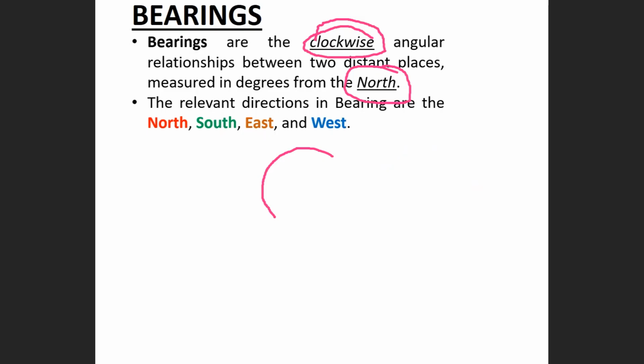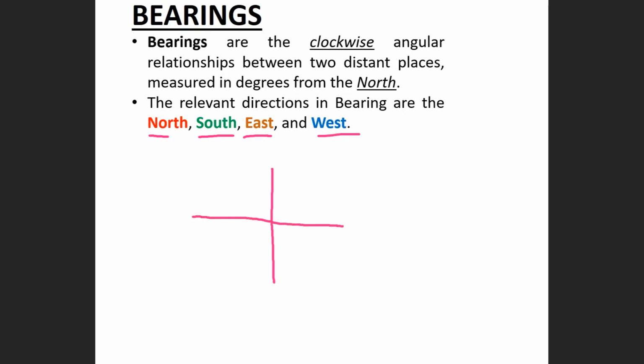Okay, so I can move on to the second bullet. It says the relevant directions in bearings are the north, the south, the east, and the west. These four are the first thing we need if we want to draw bearings. In mathematics, if you want to describe places and distances using a bearing, we start with the four cardinal points by drawing two lines, one vertical and one horizontal.